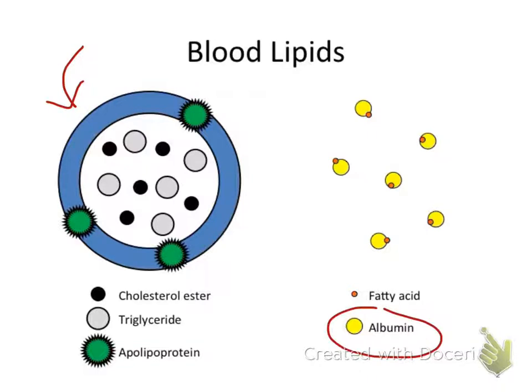Lipoproteins consist of an external phospholipid bilayer that's interspersed with proteins that tell the lipoprotein where to go and what to do. The center of the lipoproteins contain hydrophobic molecules such as cholesterol and triglycerides. Fatty acids can become water-soluble by binding albumin as a transport molecule.